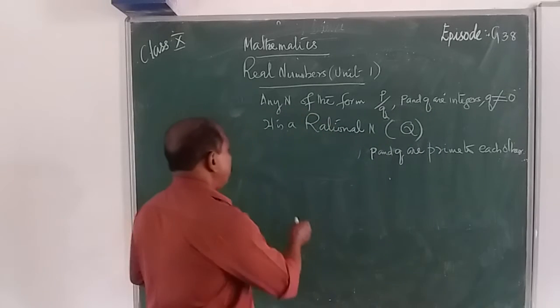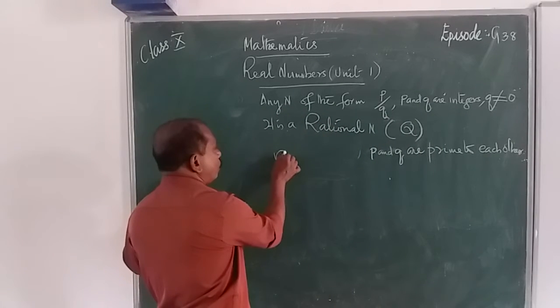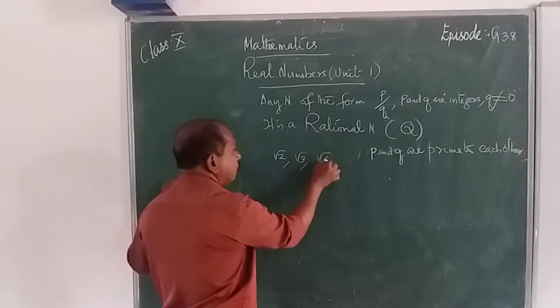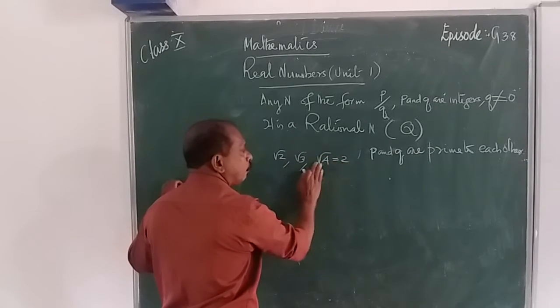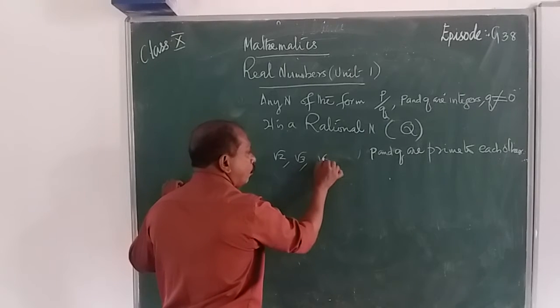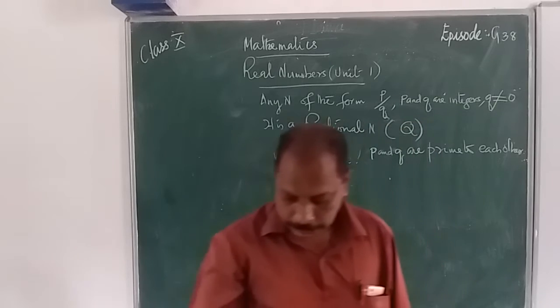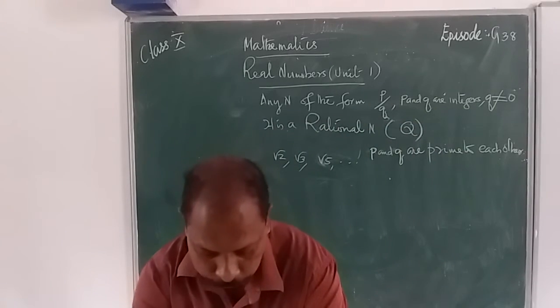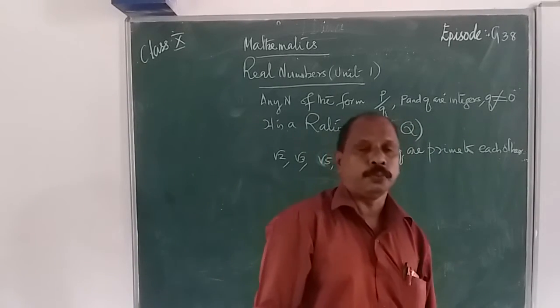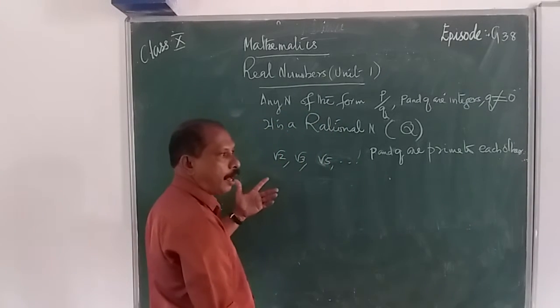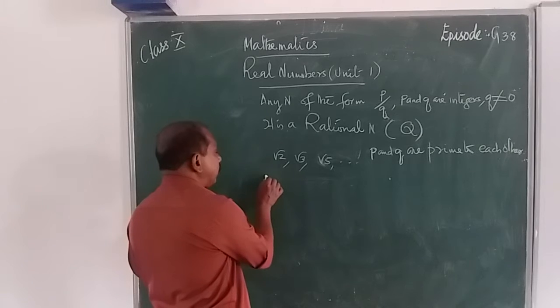Then root 2, root 3, root 4 is what? It is 2, therefore not irrational, but root 5, etc. We cannot express these numbers in the form p by q. Therefore, this type of numbers are irrational numbers.